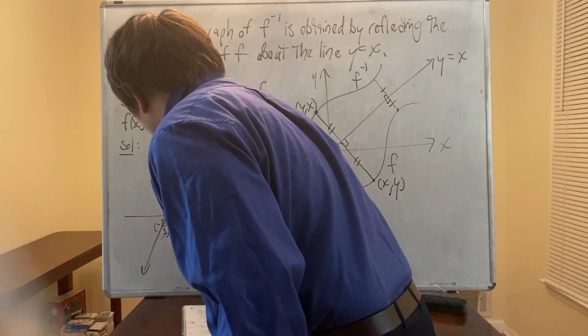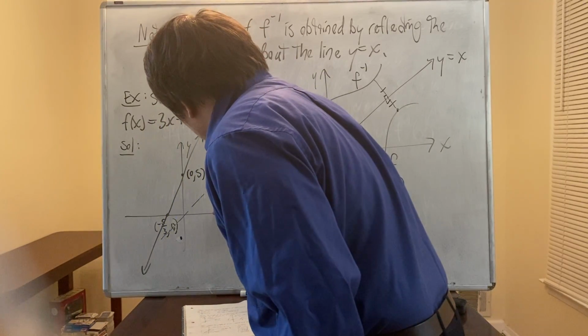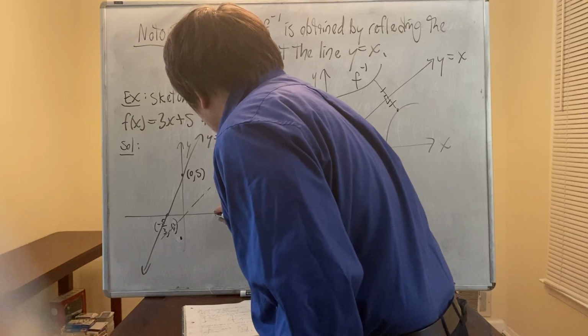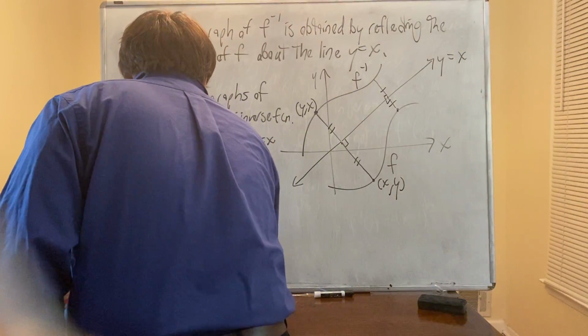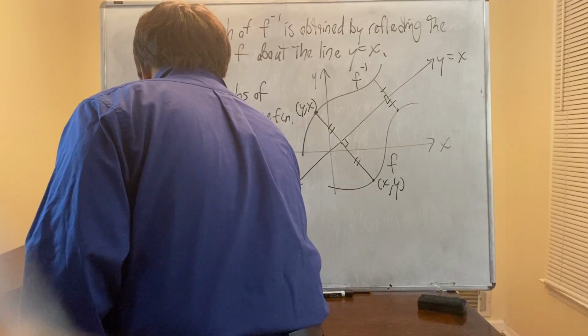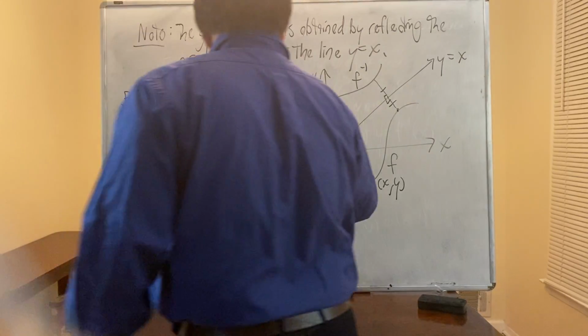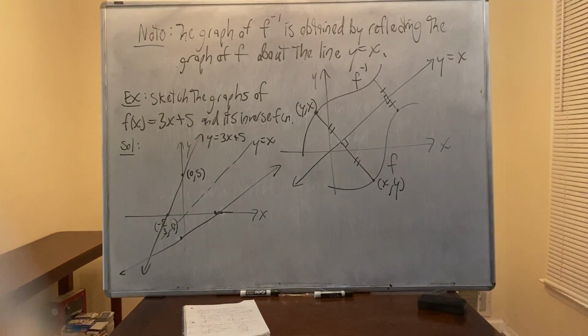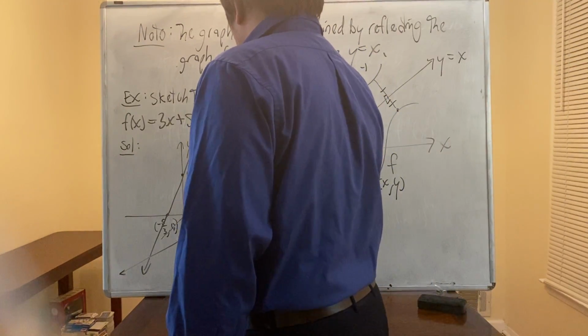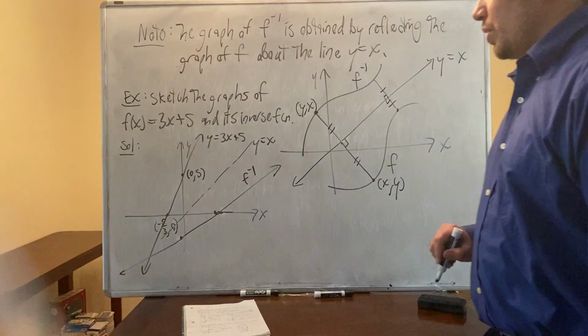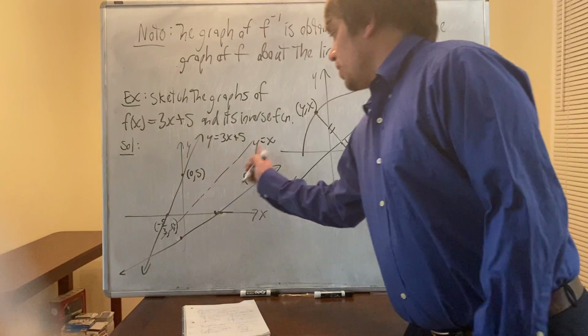Maybe if I draw it closer to what the board is suggesting. Okay, and so that is my approximate graph of f inverse of x. That's a graph of f inverse. So it's a reflection of f about the line y equals x.